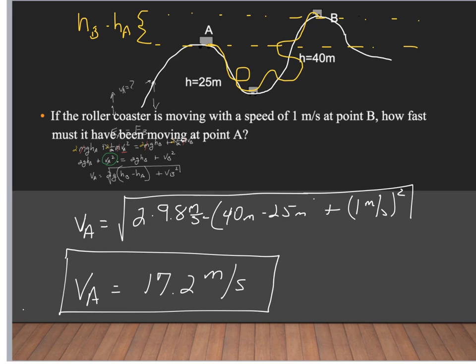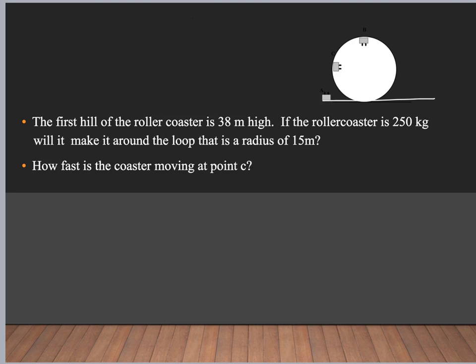All right, we still got more to go. So let's try another one. Now we're going through loops. All right, so this is saying the first hill in a roller coaster is 38 meters high. So there is a starting point here.